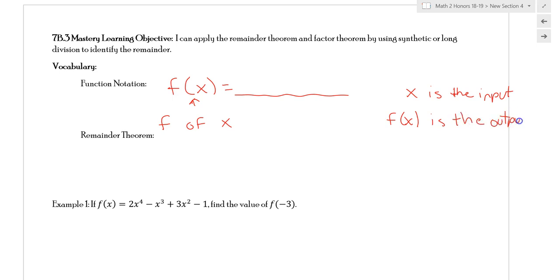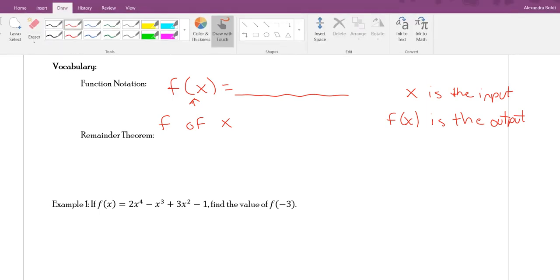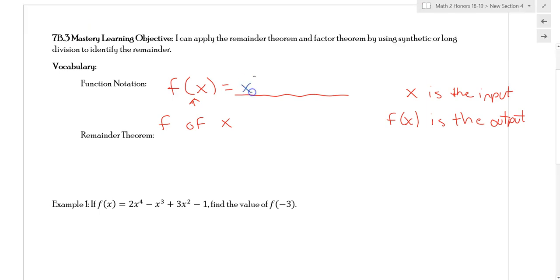So for example, let's say I put something like that. If I said what is f of 2, you just plug 2 in for x, and then you get your answer, and that's what f of x is. That's your output. So you've seen that before, most likely, but it's good to have a refresher.